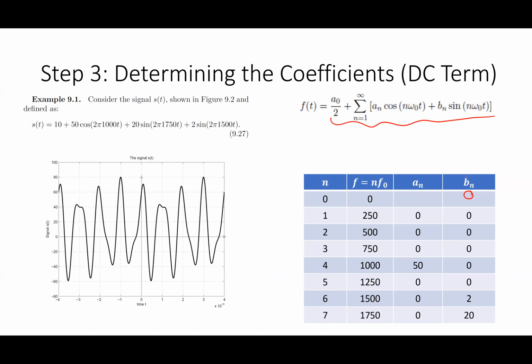It just doesn't have that. What's the A0 value? Where's the DC term over here? It's the 10, right? If I pattern match between these two, that tells me the A0 value should be 20. Yep, 20.